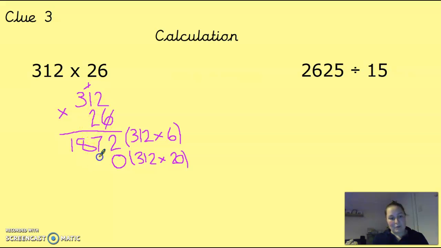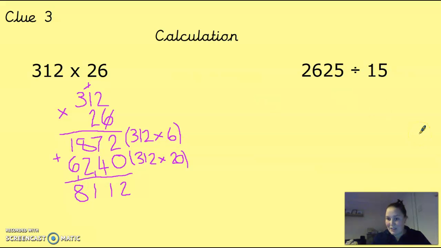Then 2 times 2 is 4. 2 times 1 is 2. And 2 times 3 is 6. And then add it all together. 2 add 0, 2. 7 add 4, 11. 8 and 2 add 1, 11. 1 and 6 and 1, 8.